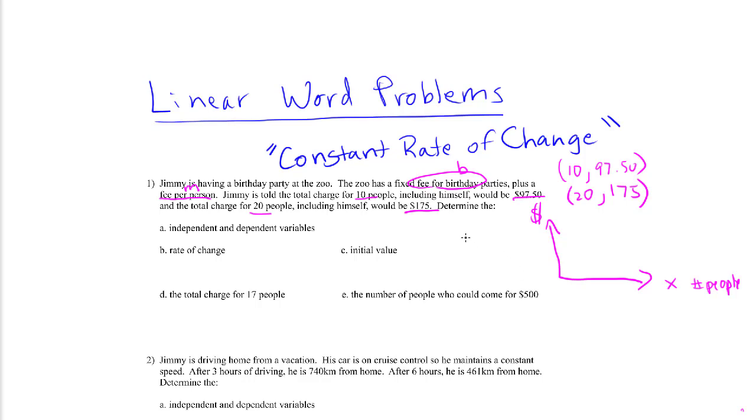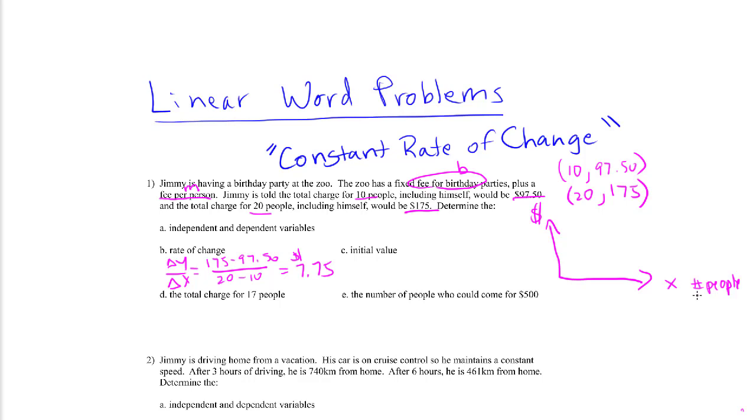Okay? So what is my rate of change? Well, it's going to be my delta y over my delta x, which is 175 minus 97.50 over 20 minus 10, which is 77.50 divided by 10, or $7.75 per extra person.